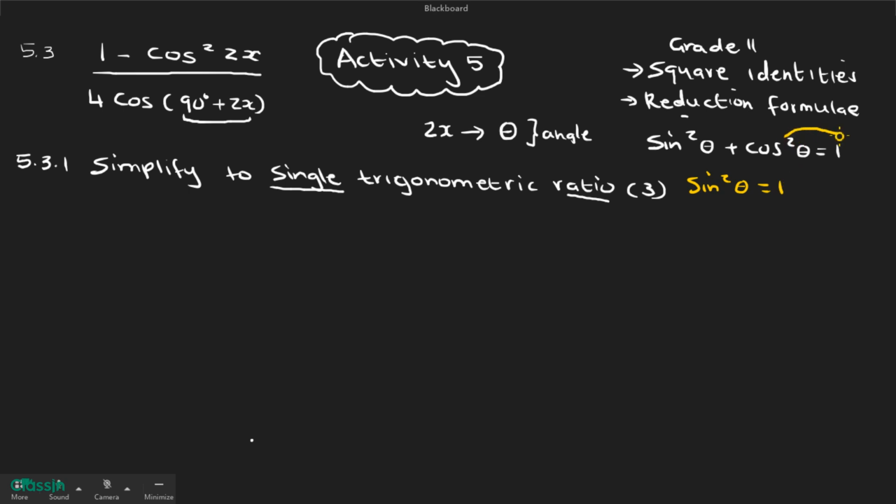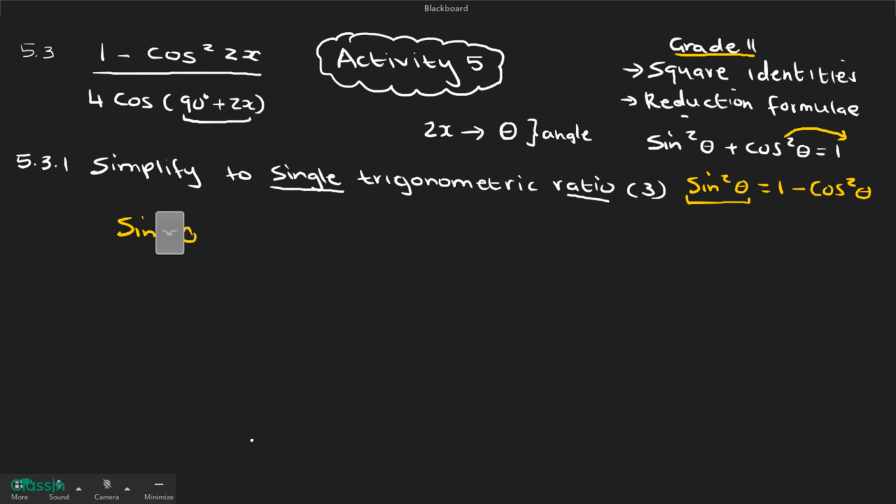Then I transport this one this side and it becomes sine squared theta equals 1 minus cos squared theta. Hence I'm saying grade 11 work. In other words, where I see 1 minus cos squared theta, I can put sine squared theta. So for this one, I'm going to say sine squared 2x.